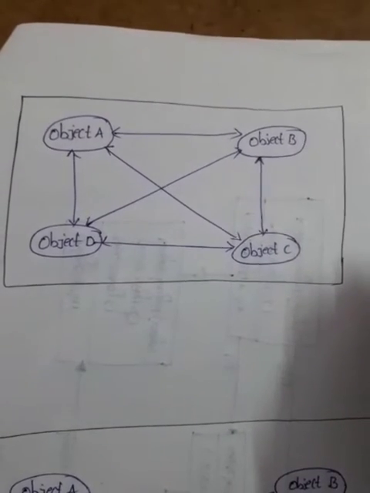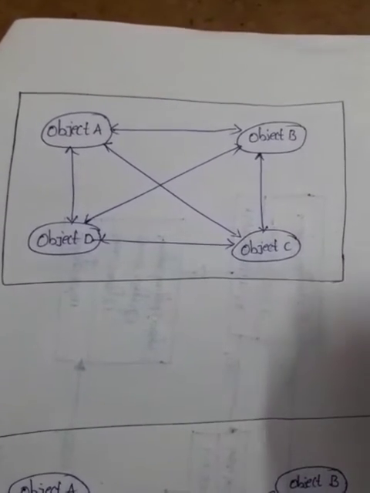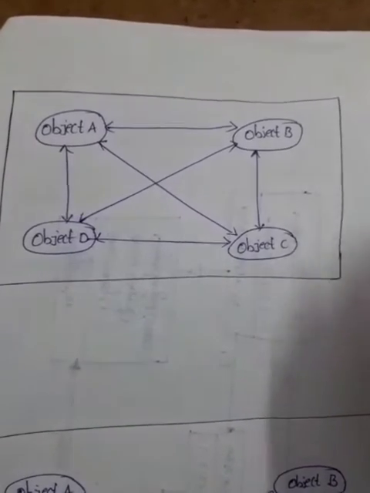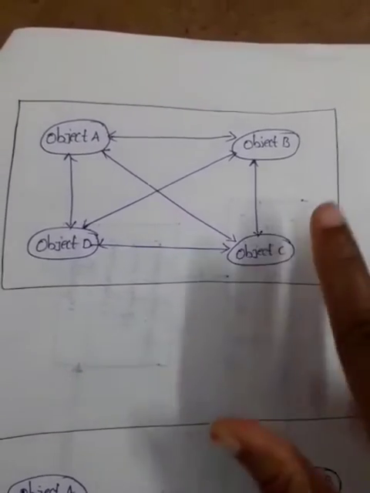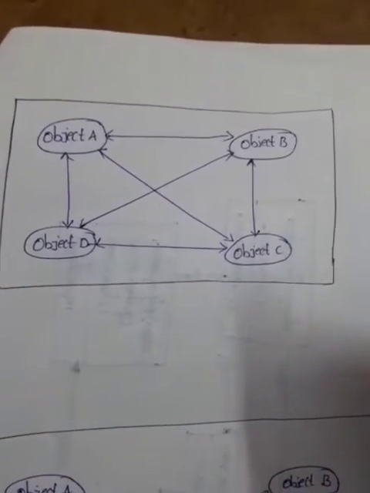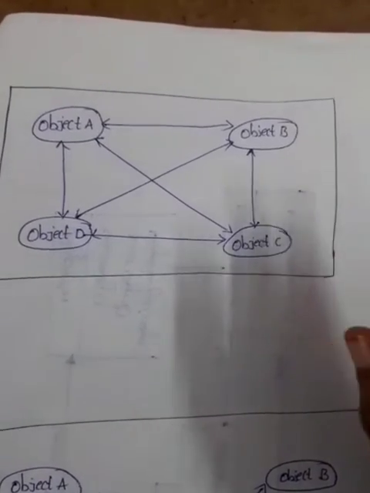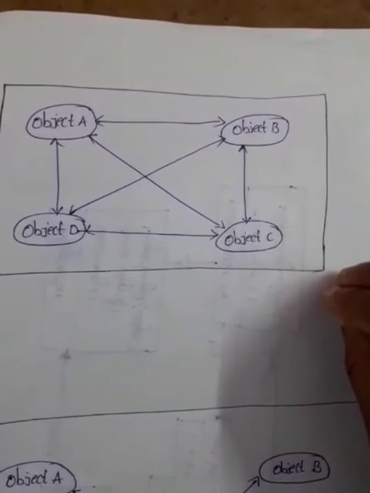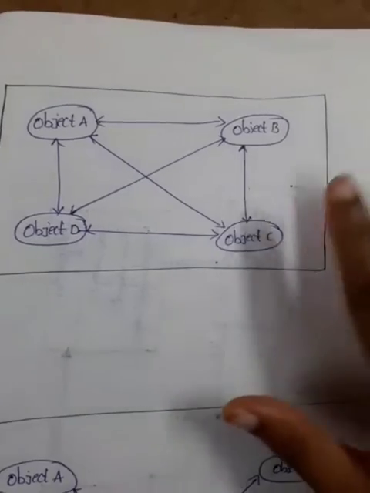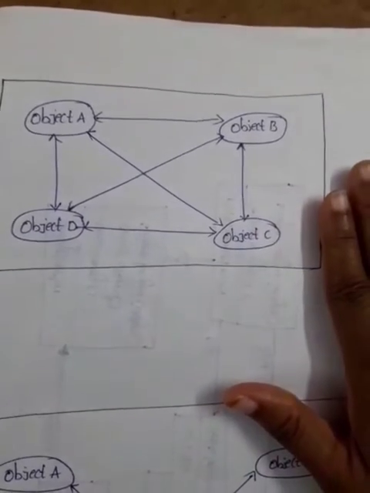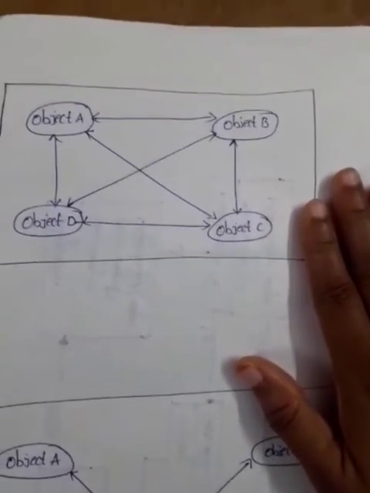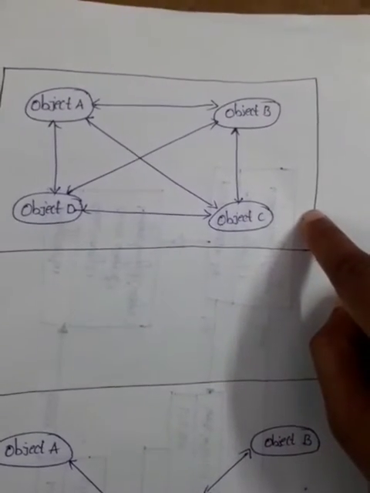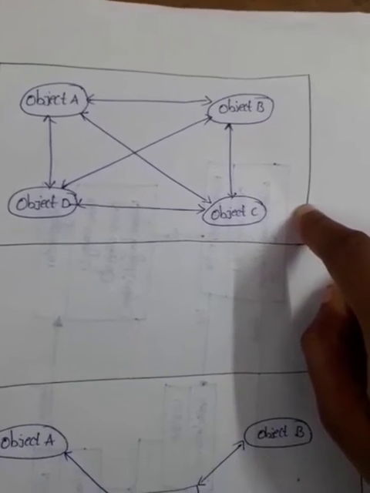But suppose we have thousands of objects and they want to communicate with each other, then writing the code and maintaining it is difficult. To solve this problem, we are going to introduce the mediator design pattern.